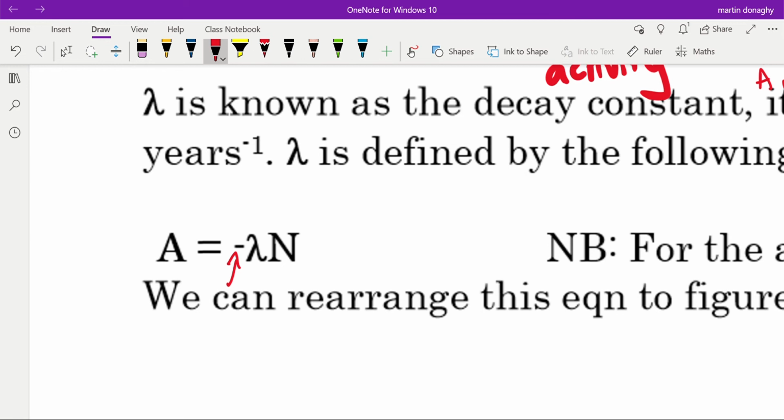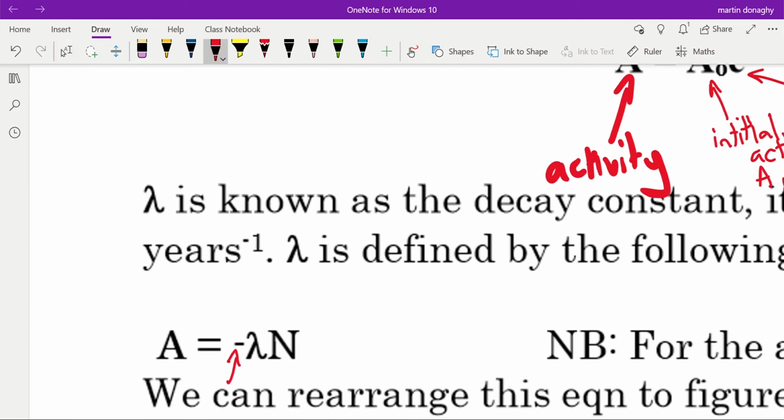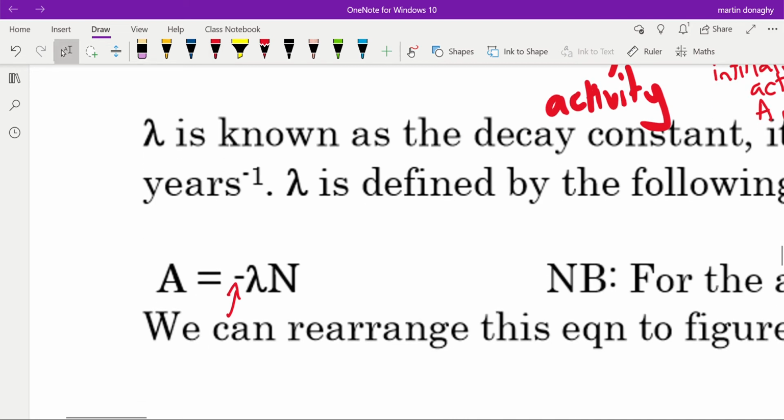That's due to the mathematics of it. You can actually derive these equations up here from this. What we're saying here is that the effect of the activity is to reduce N. So if something is emitting radiation, N is decreasing, and that's why the minus sign is in there. You don't need to worry about that. Most of the time, we would just ignore the minus sign.